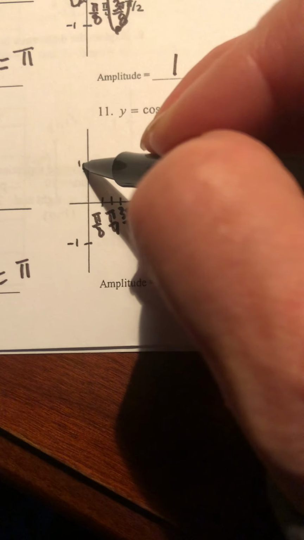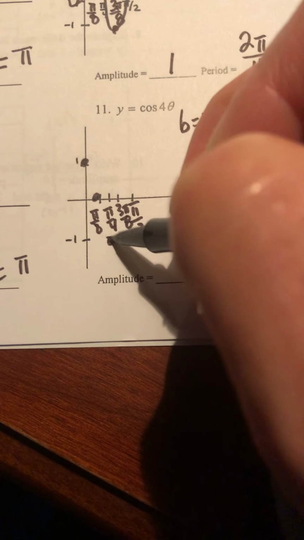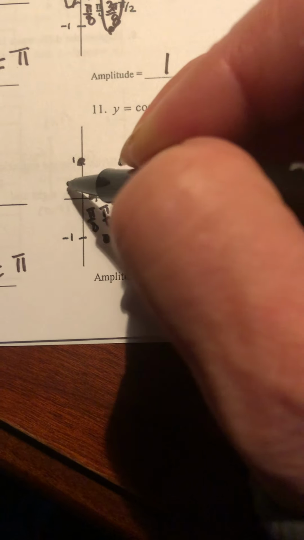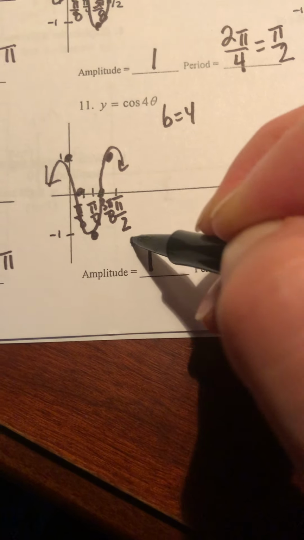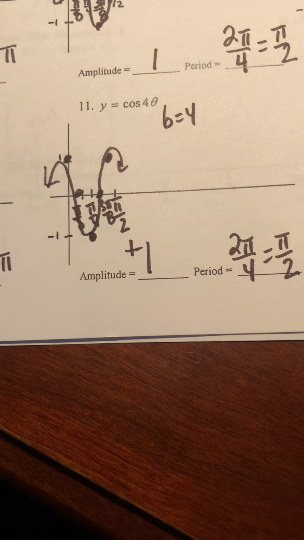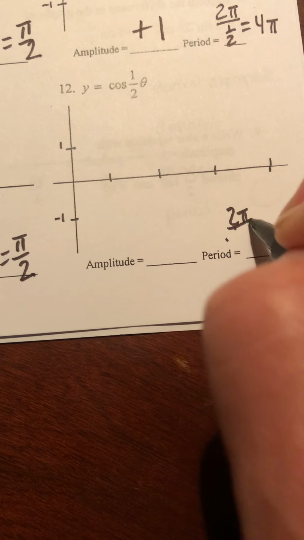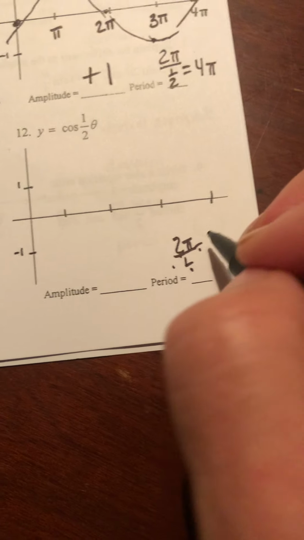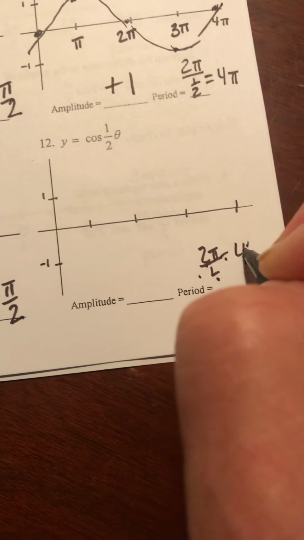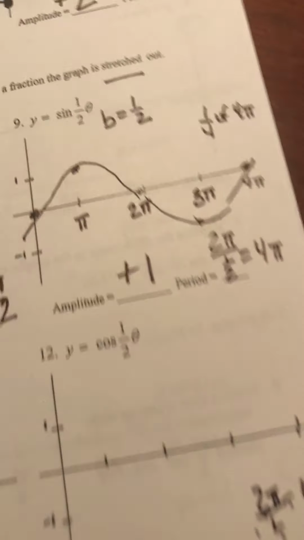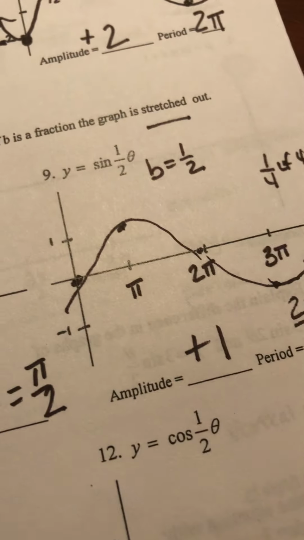I know that's a lot to write down, but that's as squished as we'll get. Of course, amplitude is still 1. The last one, cosine of 1/2 x, so 2 pi over 1/2 is going to equal 4 pi.